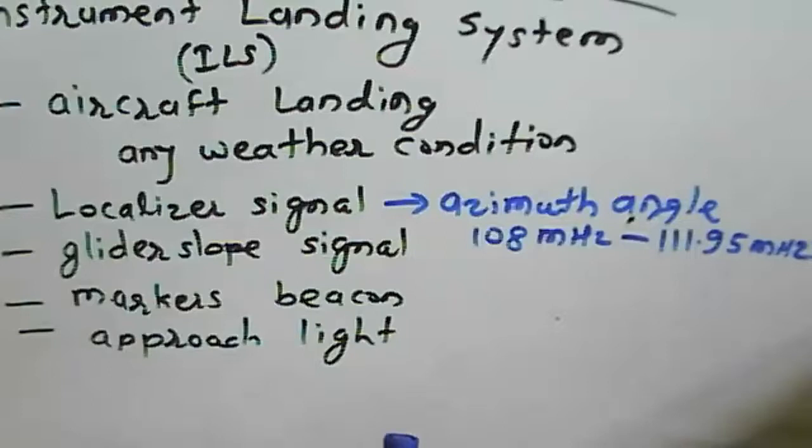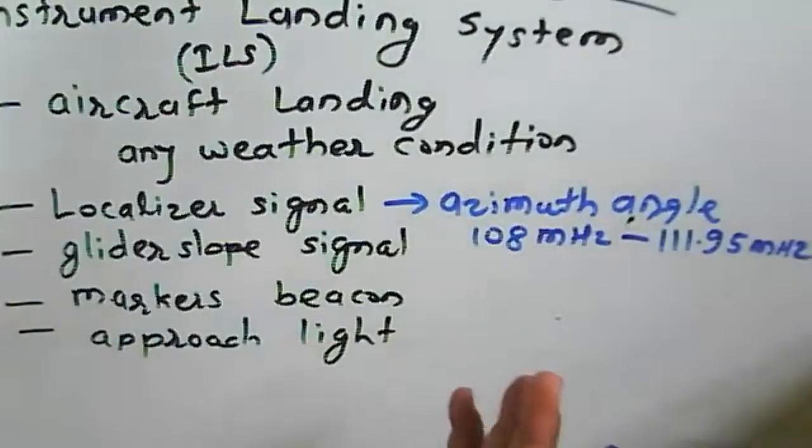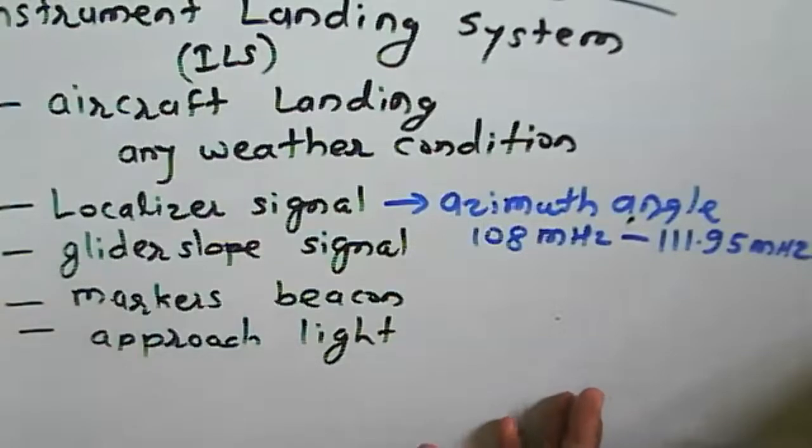So in that case, what will be the portion of the signal within a particular region or area that is propagating here?